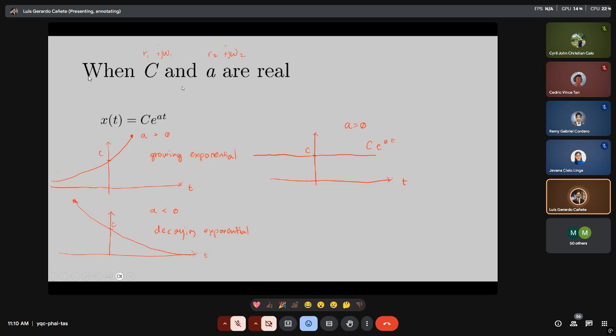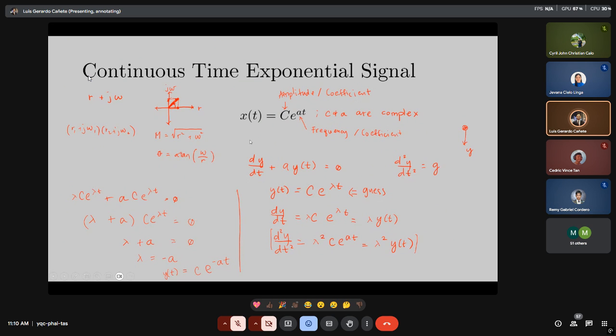So we showed that if they're both real, then you would either get a growing exponential, a decaying exponential, or a constant, depending on the value of A. So once again, this shows us that, I guess in this case, for the first order differential equation, in most cases, A would just be a real number, or for any case of a first order differential equation, just because of the multiplicity and just because it's not a quadratic equation, which may have an imaginary part. So it's always going to be real, right?